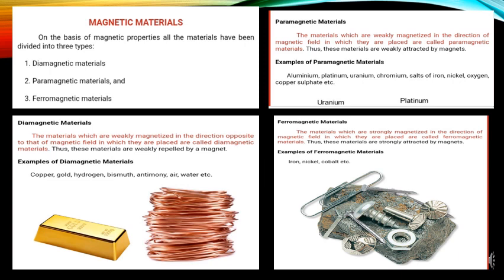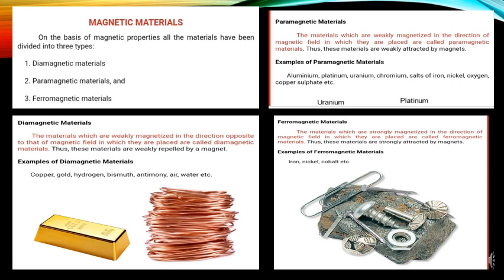For example, copper, gold, hydrogen, bismuth, antimony, air, water, etc. All these are called diamagnetic because a magnet cannot attract these types of materials. That is why they are called diamagnetic materials.